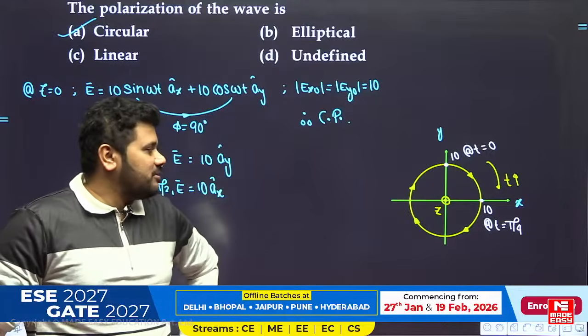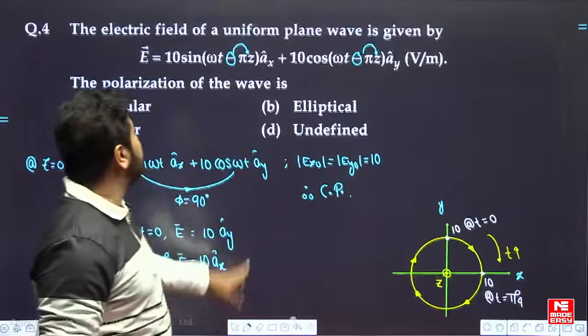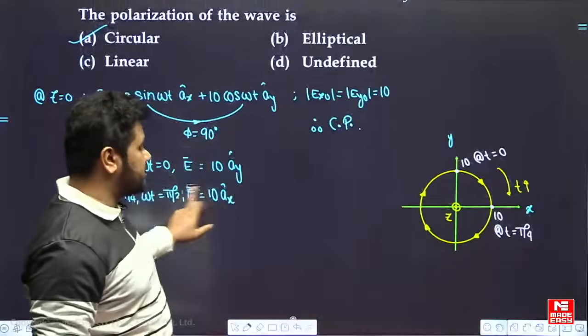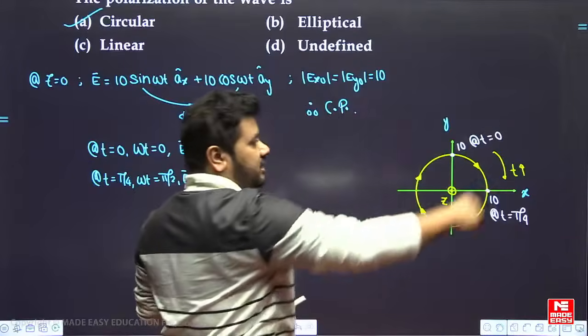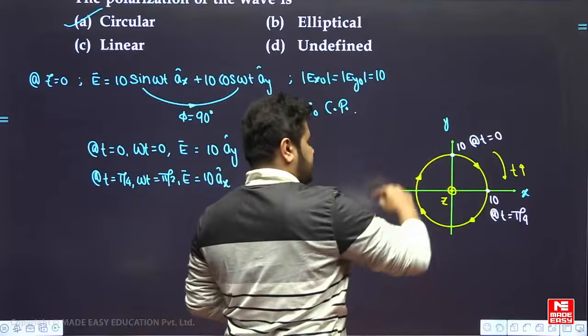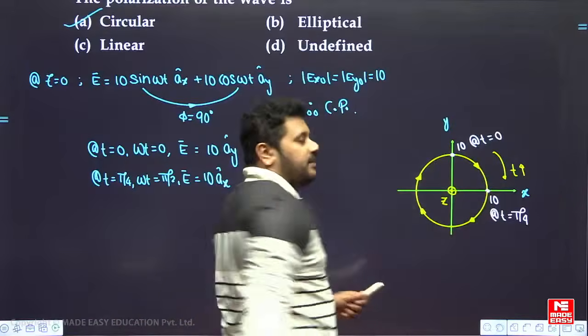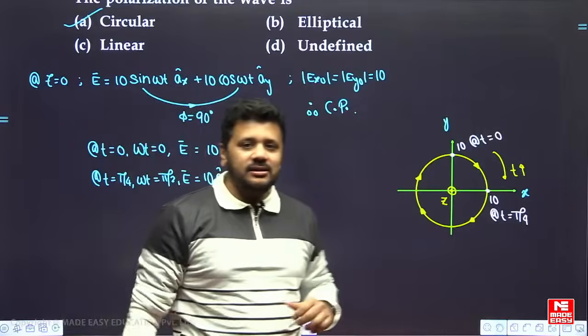Now tell me which type of polarization it is. You can see that the wave is traveling along the z direction because of the minus sign, and it is coming in the forward direction towards you. The wave is going in the clockwise direction. So which polarization? Obviously I have to use the right hand or left hand rule.